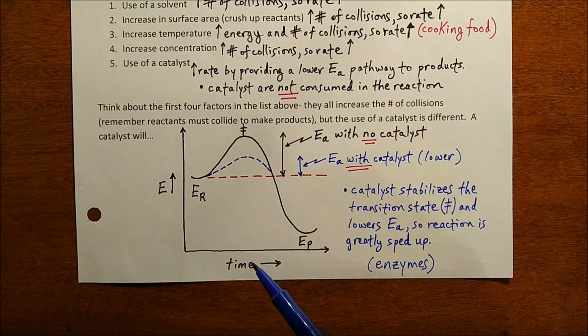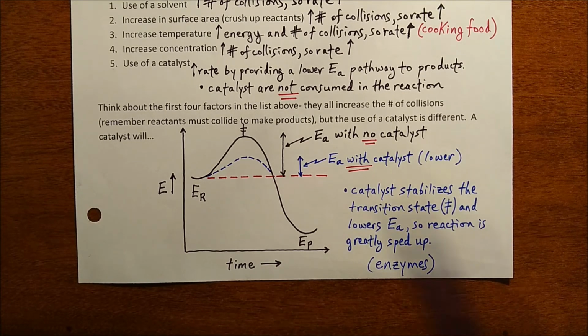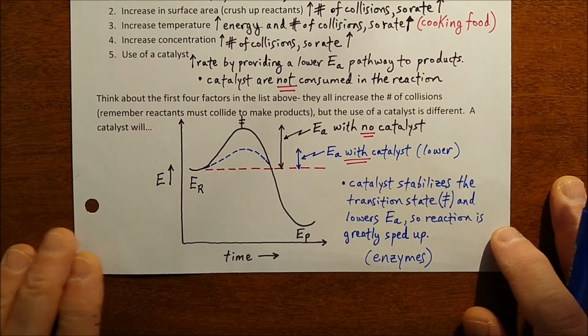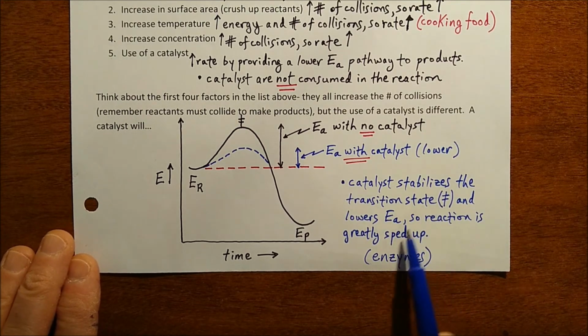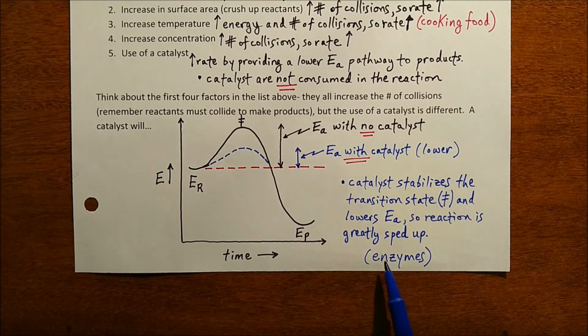In our bodies, catalysts are not metal-containing compounds. They are called enzymes. And they stabilize this transition state, so the reactions are greatly sped up. I'm guessing sometimes hundreds of thousands of times they're sped up in biochemical reactions, maybe millions of times.